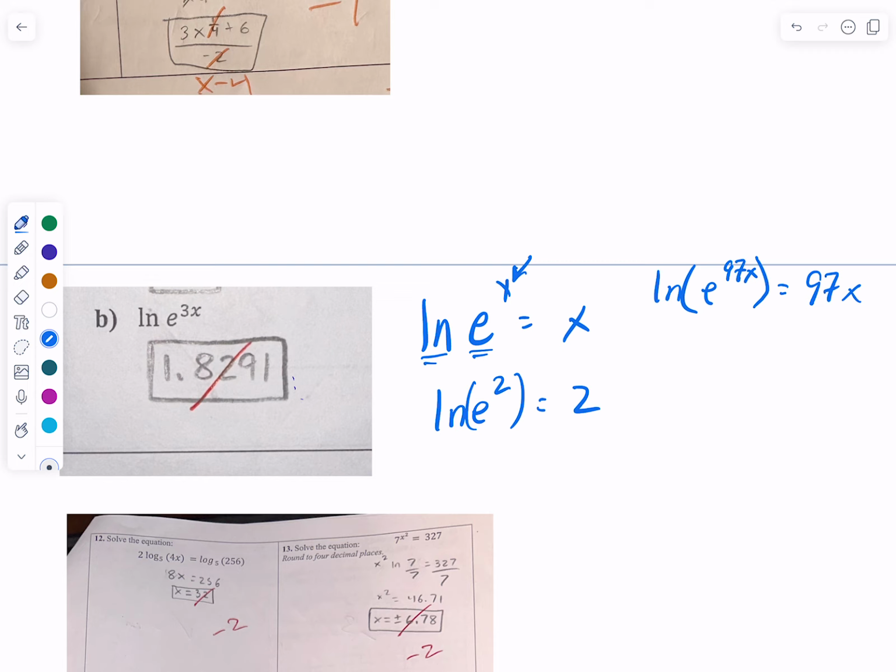That's what that means. So if you take e squared, the log of that is just the exponent. The log says kind of, what is the exponent that e is raised to? Just take that thing, right? So in this case, log of e to the 3x, you just take that thing.